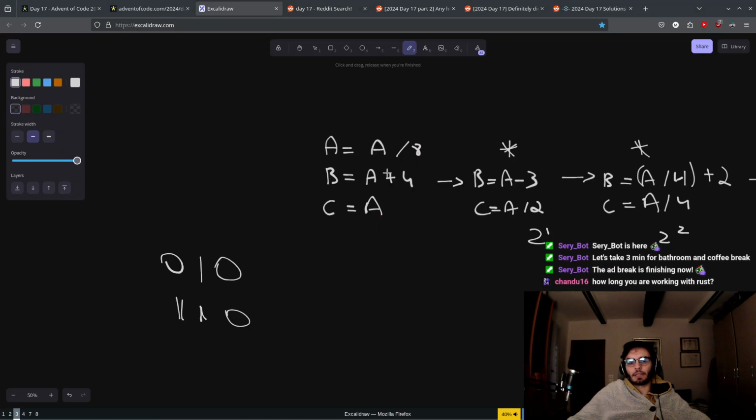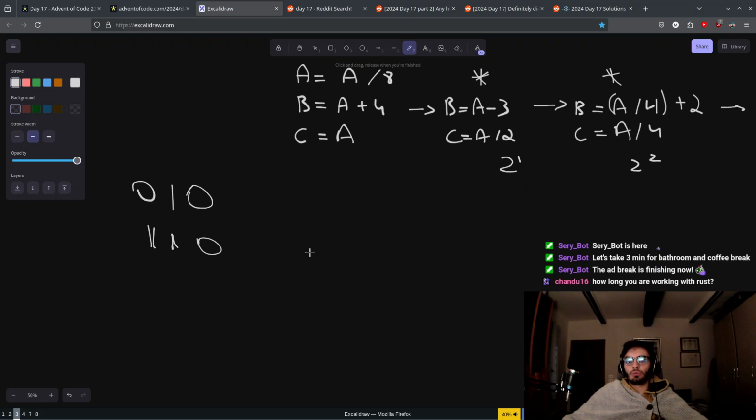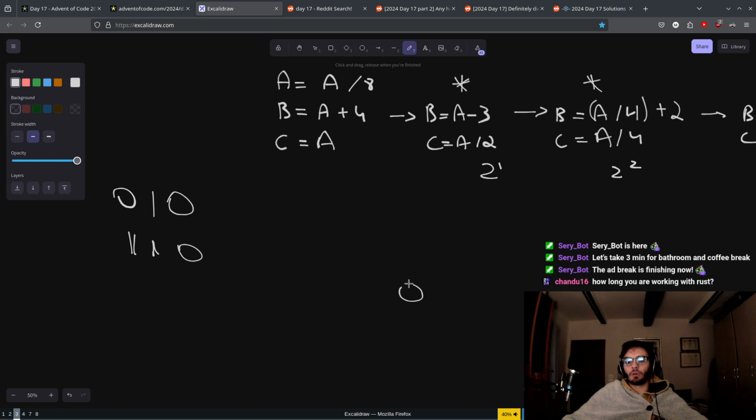Okay, so it's the last 3 bits of this OR. For it to be 2, we should get a 010, right? This is a 2.